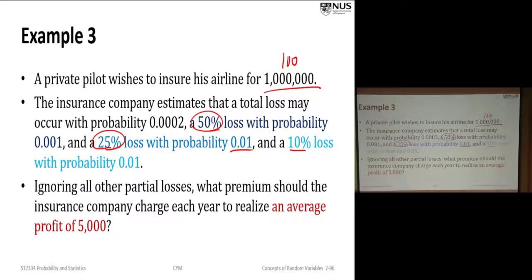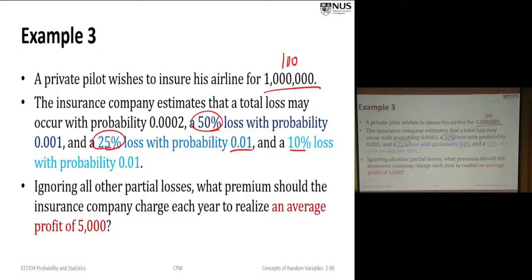There's a very small chance that you may pay $1 million, but there's about a 1% chance that you will pay 10%. That means 100,000 and so on. But you want to make a profit, so you have to charge the other guy what you expect, the loss that you expect. That means the expected payout to the clients.